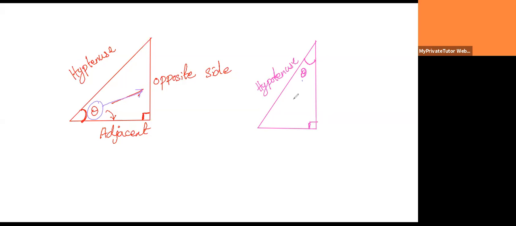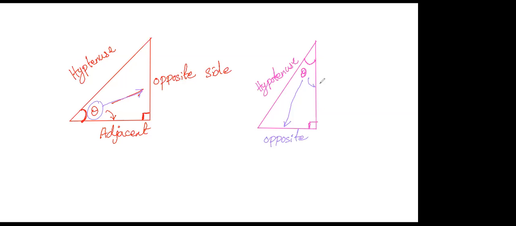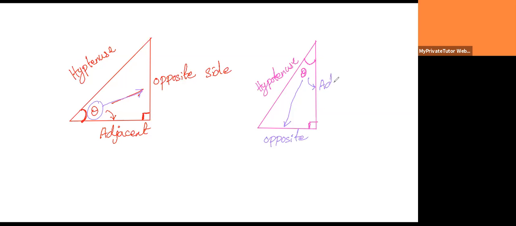So since this is the angle, the side opposite to it is called the opposite side. In this case, the opposite side is the bottom one, the base. Mohammed, do you understand? Iris? Yes, sir. Yeah, and the other one is the adjacent now.